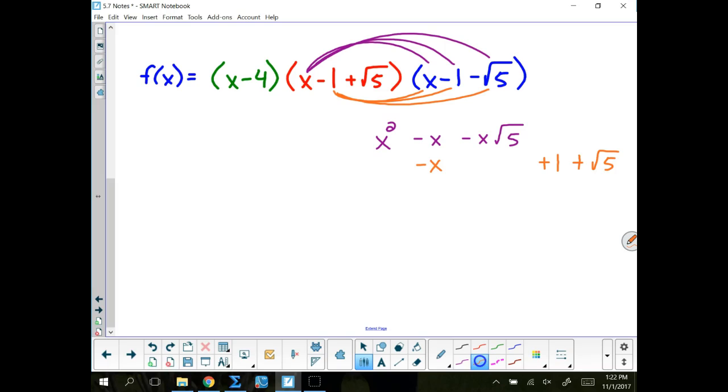Okay. Now I've got to do, we'll do it in black. The square root of 5 times those 3.